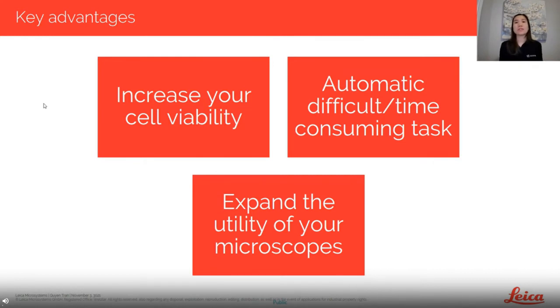Another key advantage is automating difficult and time-consuming tasks. This is really highlighted by that EM model, where now lots of labs go in and manually draw these EM and trace their cells.